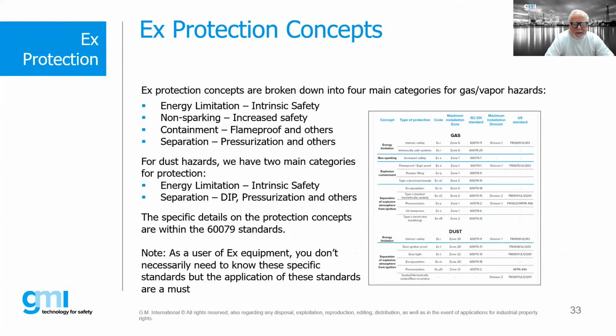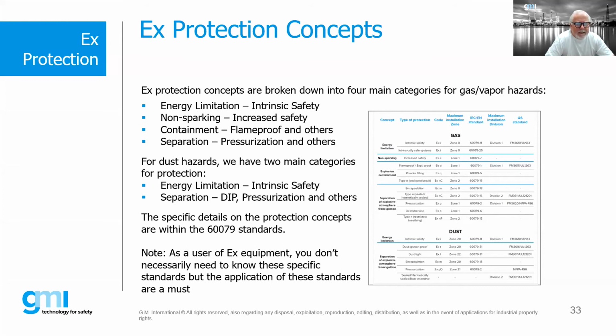First is energy limitation, which we commonly refer to as intrinsic safety. Non-sparking, which is commonly referred to as increased safety. Containment: flame-proof, sand or quartz filled. And separation: pressurization is a good example, or oil immersion. That's where we're separating, in effect, the flammable mixture from the source of ignition.